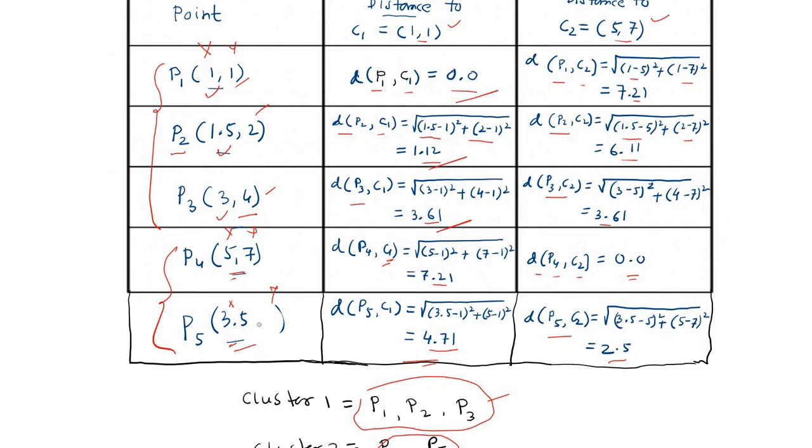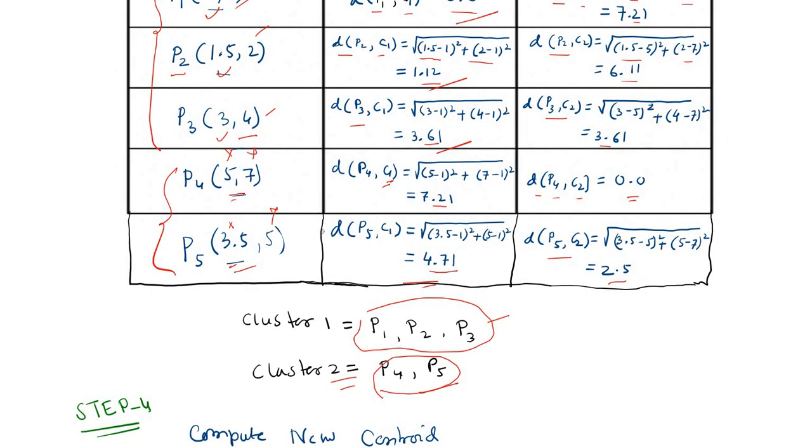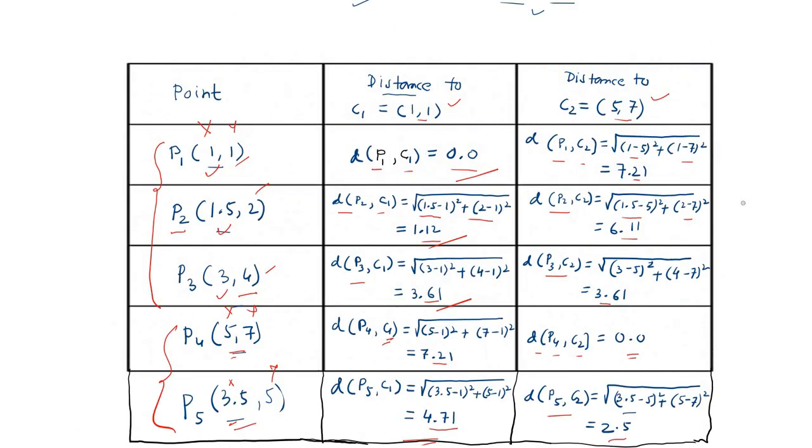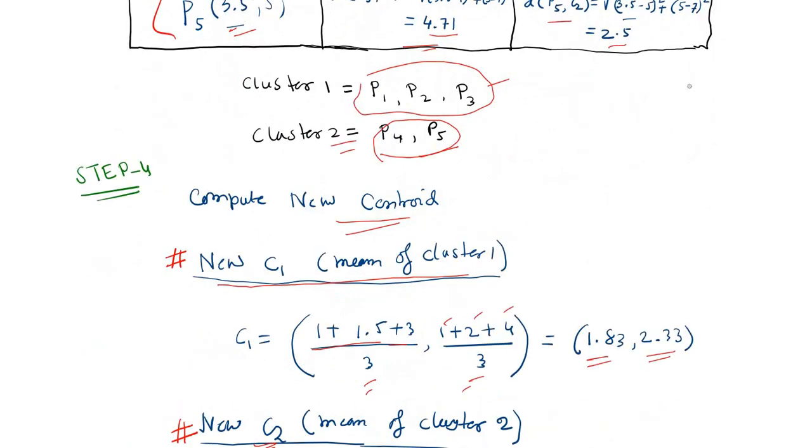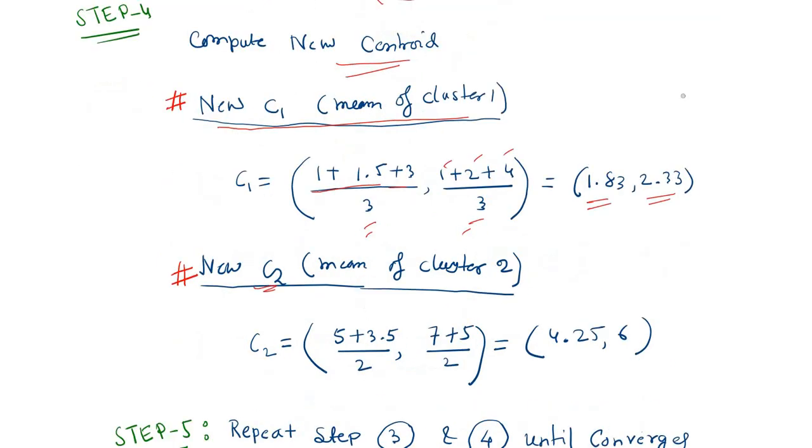So this will be 5, correct? Yeah, I think 3.5 and 5 we are getting, yeah, I think it's correct. So like that for C2, you also find 4.25 and 6 as the new x and y coordinates.